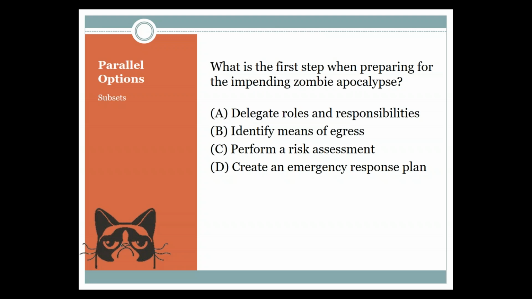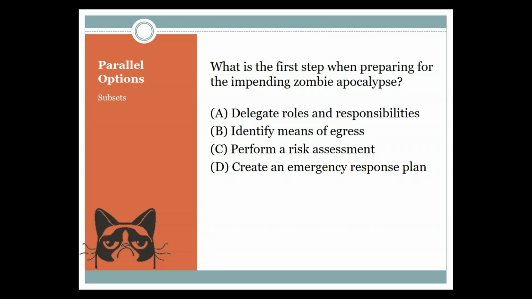So the example given here is that a zombie apocalypse is happening, so how do you prepare for it? And we have delegating roles and responsibilities, identifying a means of egress, performing risk assessments, and creating an emergency response plan. The problem with this item is that delegation, identifying your means of egress, and performing risk assessments are all part of your emergency response plan.